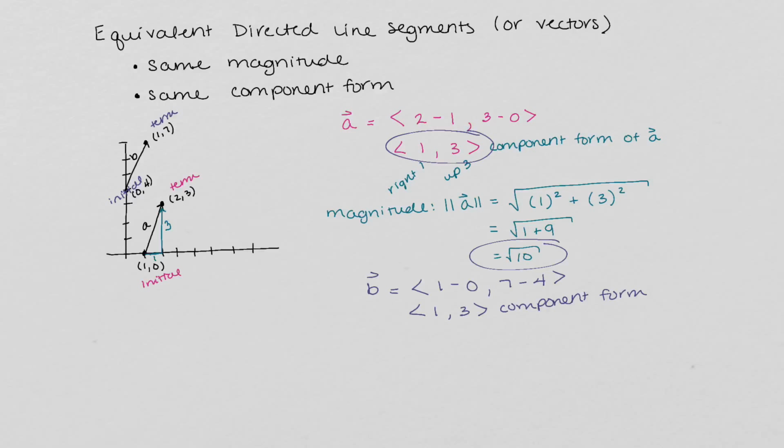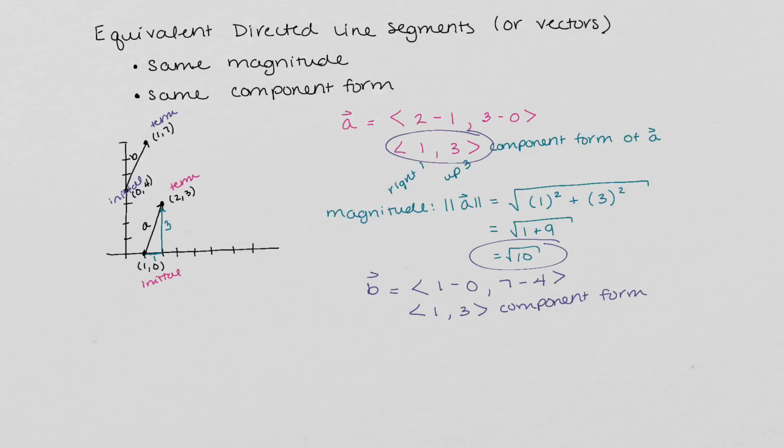And then I also want to calculate the magnitude of B. And again, the way I do that is I take the distance between my x's, my change in x, square it and add it to the change in y, squared, and then I take the square root of all of it. All right, it's the distance formula.